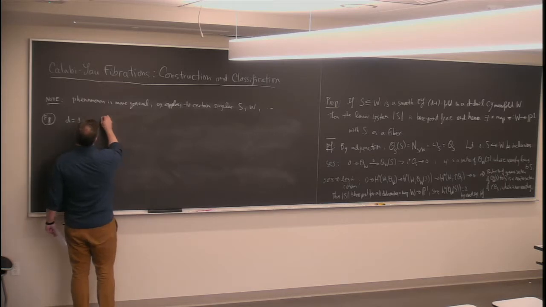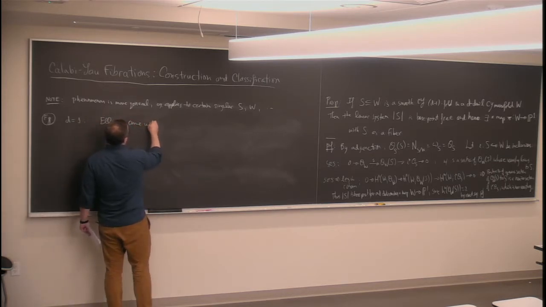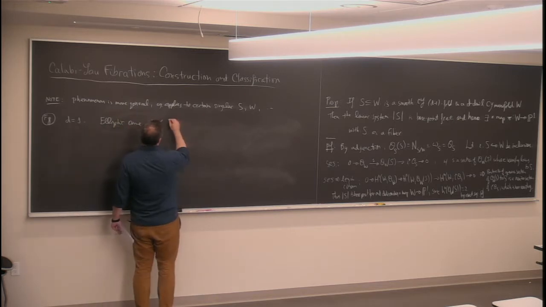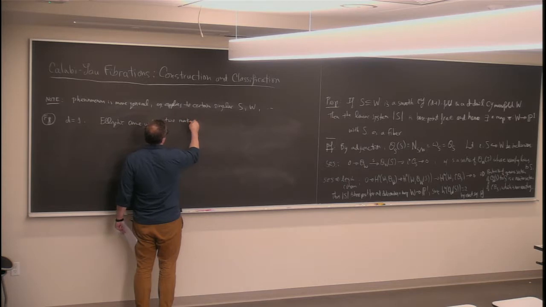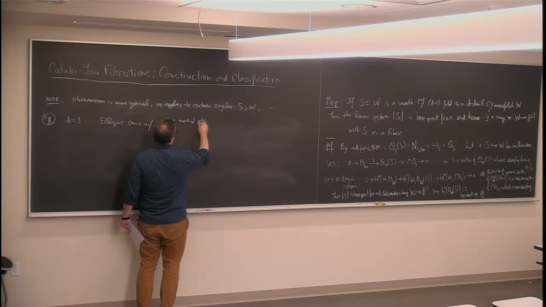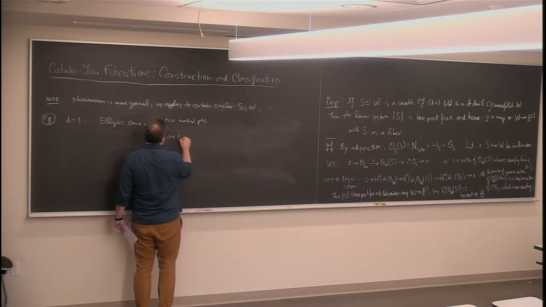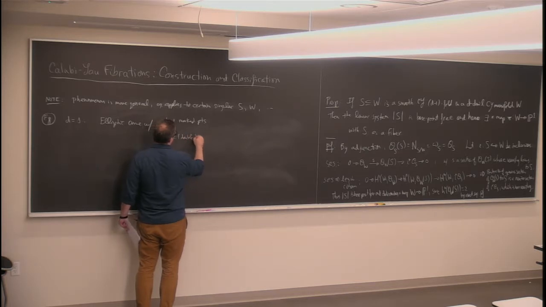Okay, so we have an elliptic curve with either 2 distinct marked points or 1 double point.